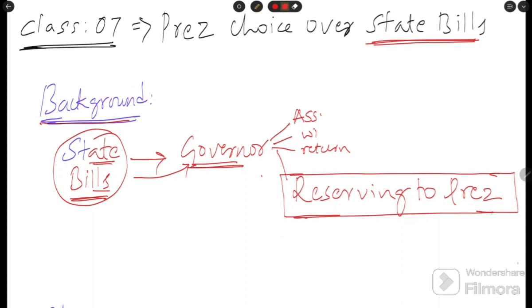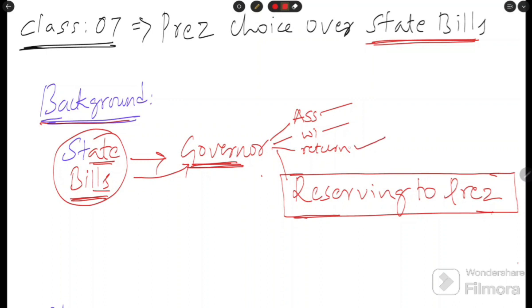Now the bills are with the governor. What choices does the governor have? The constitution itself provided the governor the choices provided to the president. He can give assent, he can withhold the assent, and he can return the bill as usual.